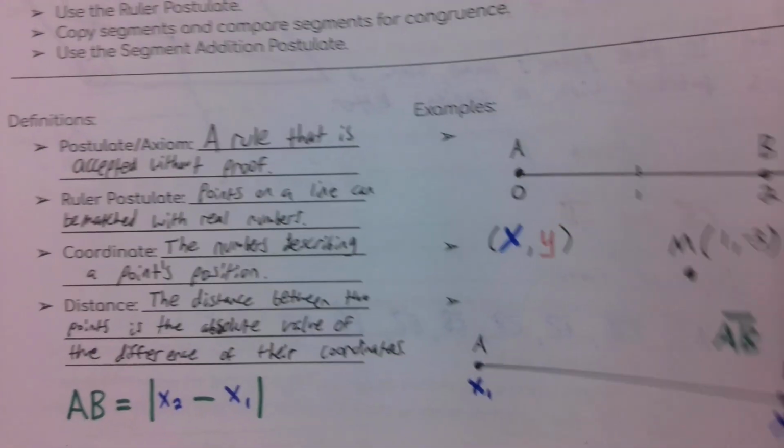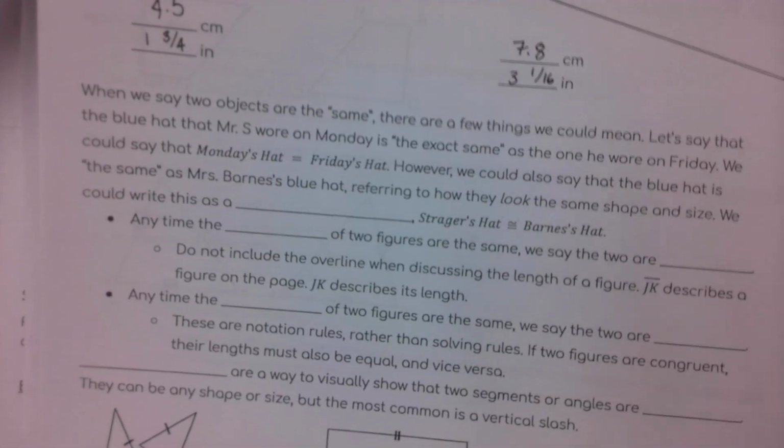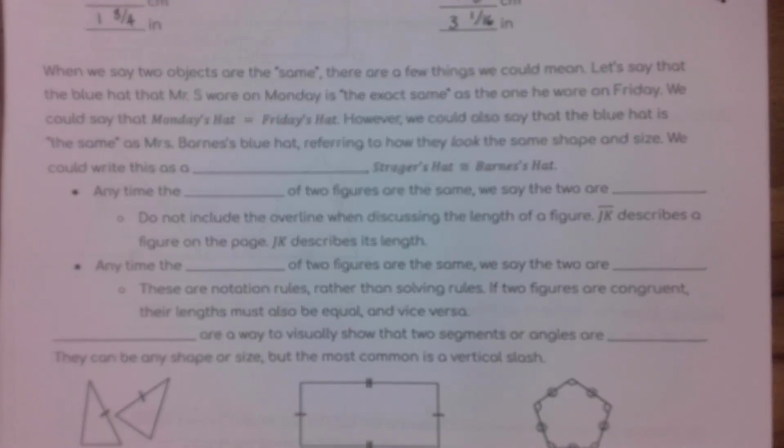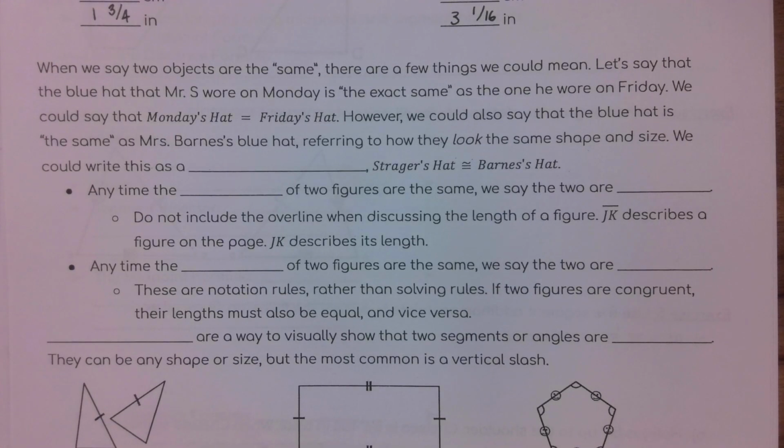Let's flip the page very briefly. So this is where it comes time to start talking about something called congruence. Let's say we have two objects that are, for all intents and purposes, the same. What does the same mean?